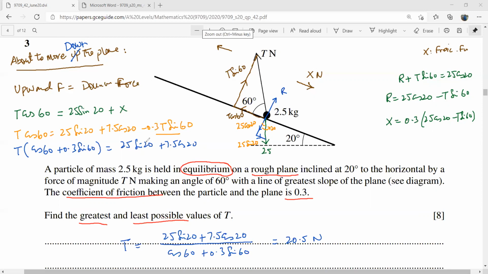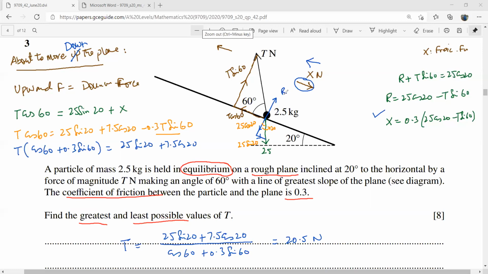The direction will change. Will R change? No. So that means we can use all this working here. Only this direction would be reversed. This will be going towards this side.